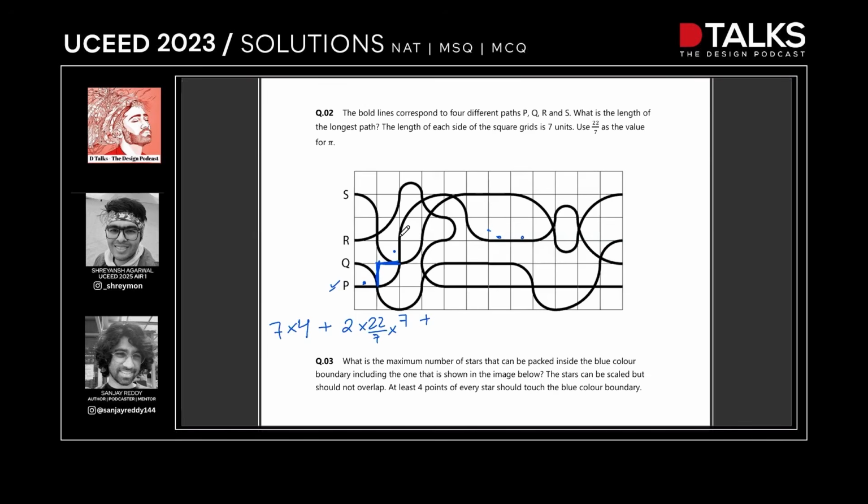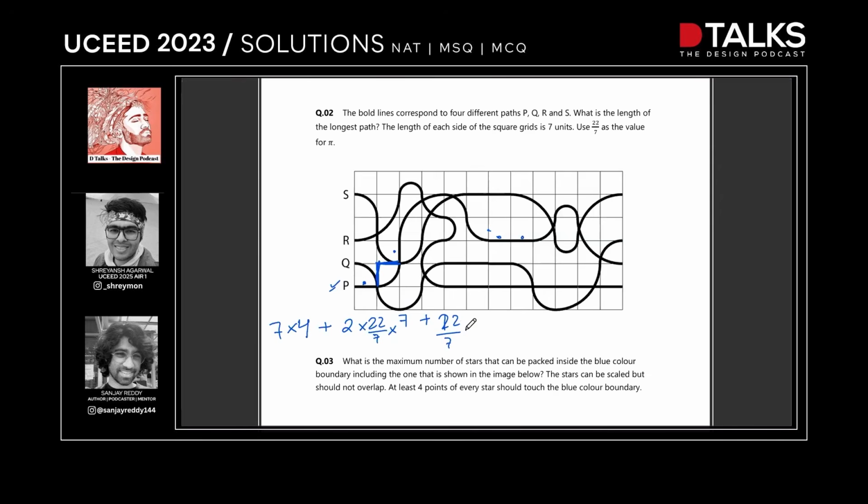Then we have this particular curve, and there's only one and 2. That means half a circle, a semicircle. The semicircle's length is pi r, or half of 2 pi r. I'm just going to write pi r directly.